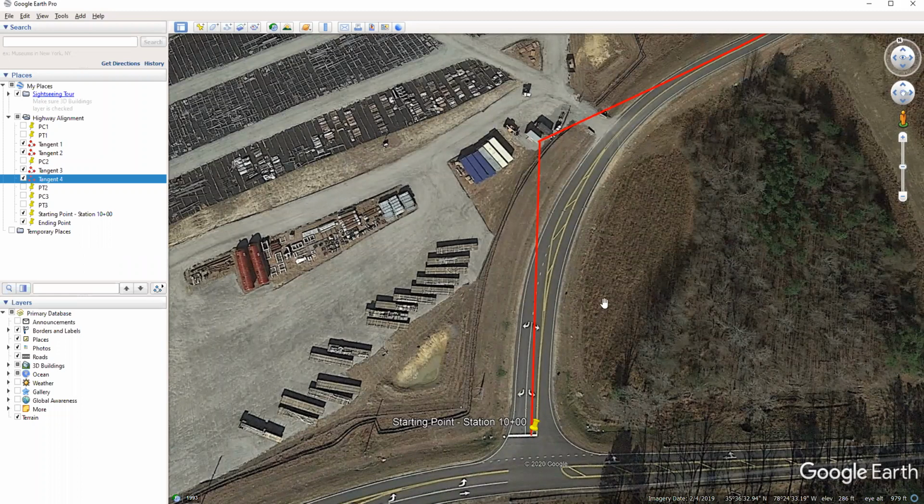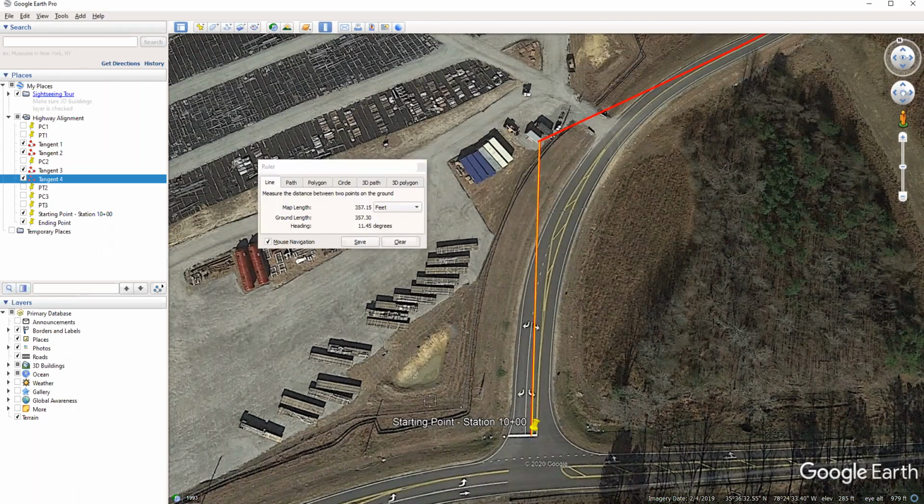The red line here is establishing the tangents, and in particular the center lines of the roadway. And so what we do is we have our starting point here. It's going to be in the center line of the pavement, so that's why we're in the middle of that turning lane. And what we're going to need to do is measure this tangent. So we take our measurement, and we calculated a length of 357 feet.